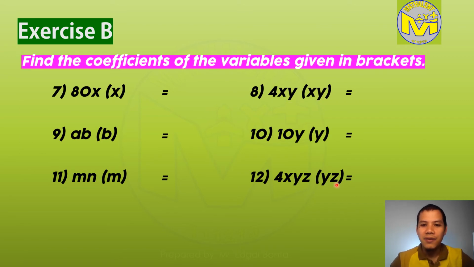The coefficient of yz in 4xyz is what? 4x. 4x. Because yz are here, 4x are here, so just take it off, put it in here. So what is left? The 4x. And that's the answer. Good job. We are done in our exercise.